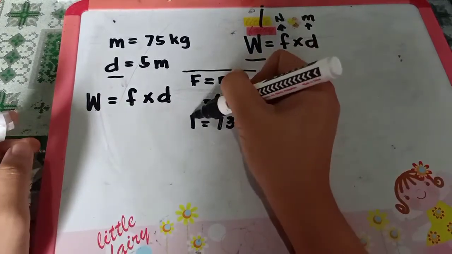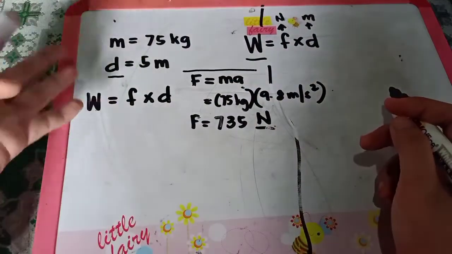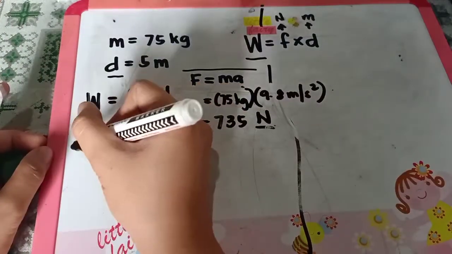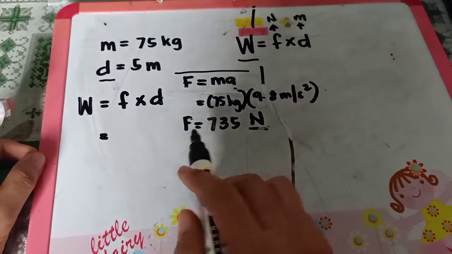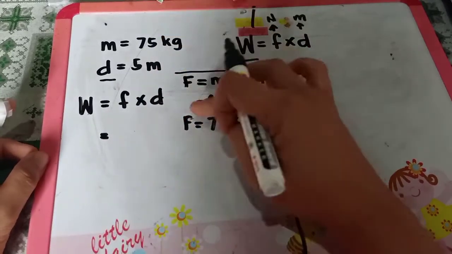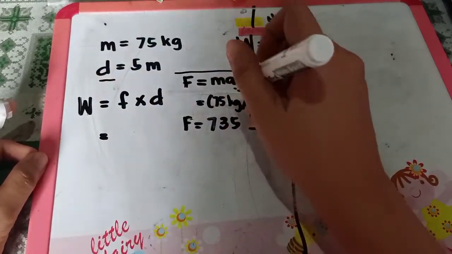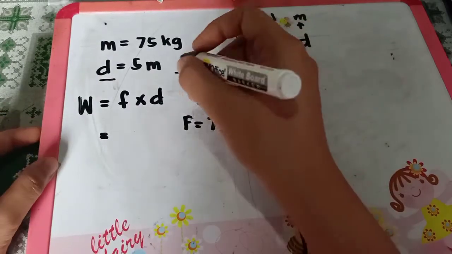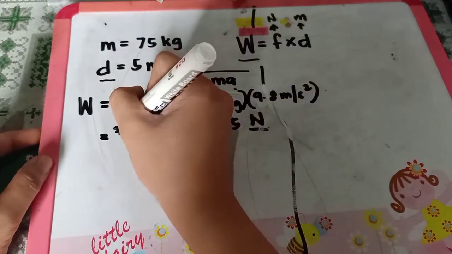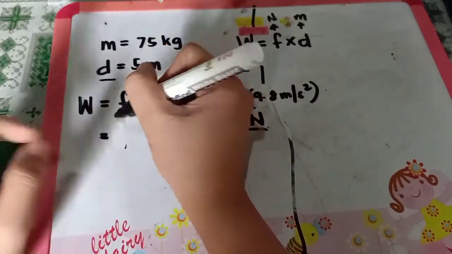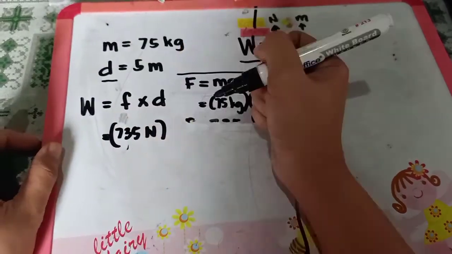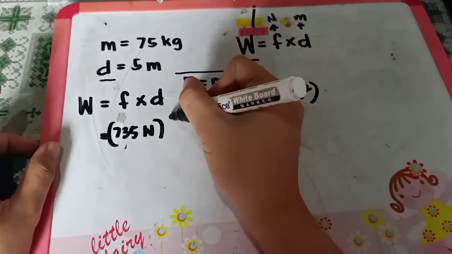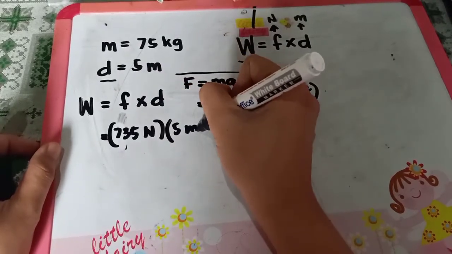Now, we already have the value of force, so we can now solve for the value of work. Since work is calculated using the formula force times displacement, we will just substitute the value of force with 735 newtons times the displacement, which is 5 meters.